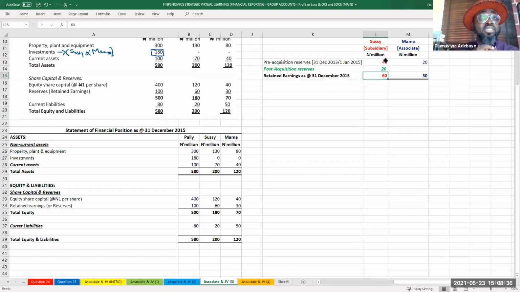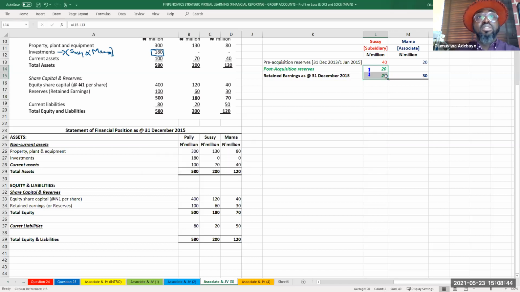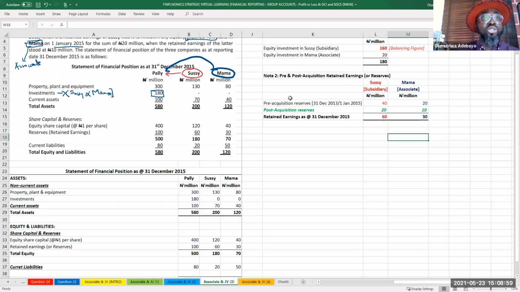You met 40 million positive, you grew it to 60 by 20. And likewise, you also grew 20 million of the associate by 10 to 30. Therefore, that is note 2.